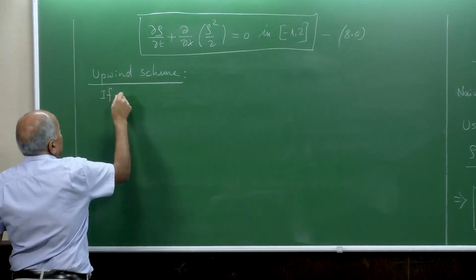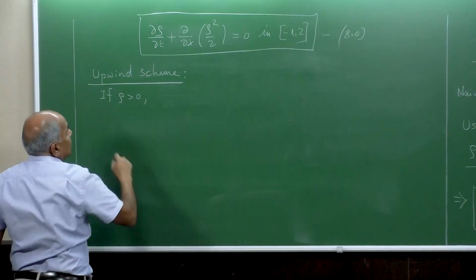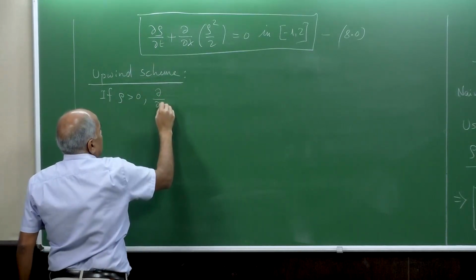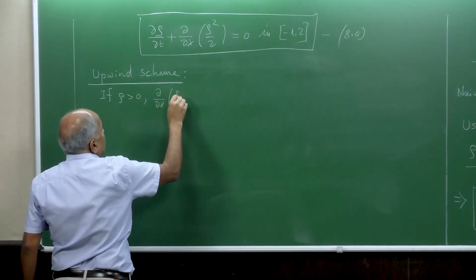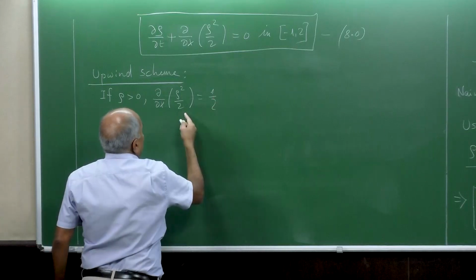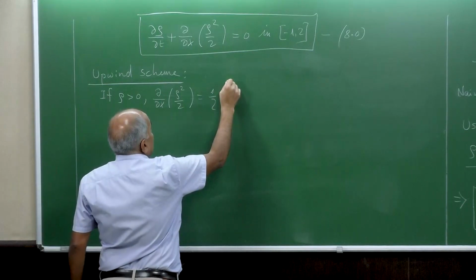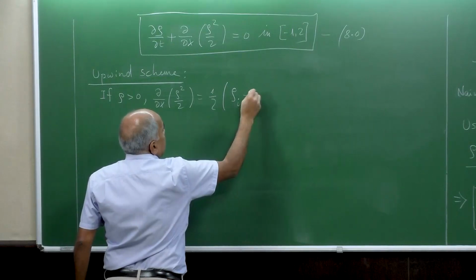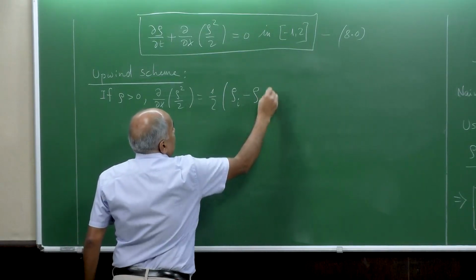If rho is positive, the approximation of the flux, del by del x of rho square by 2, is equal to half, I take it out, rho of I minus rho of I minus 1.